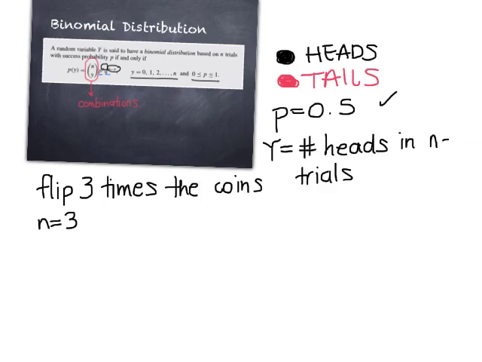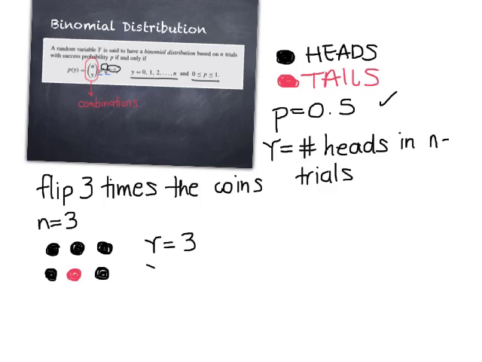So what are the possible outcomes for this experiment? You could have, for example, head, head, head. In this case, y equals 3, because you have 3 heads in n trials. However, you could have, for example, head, then tail, then head.